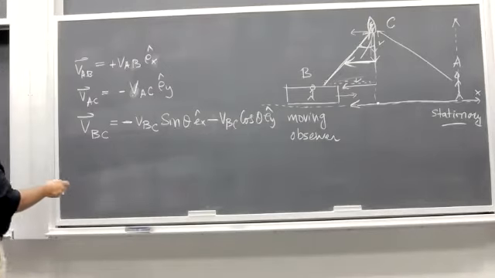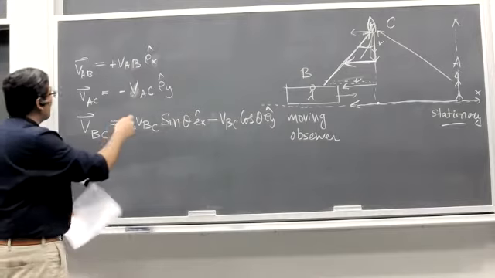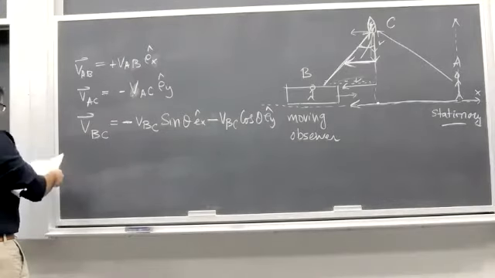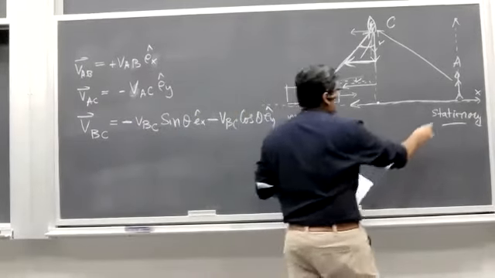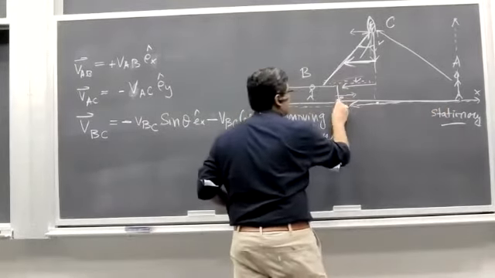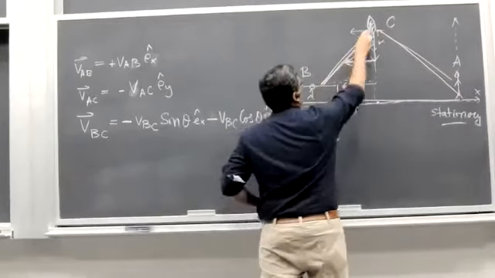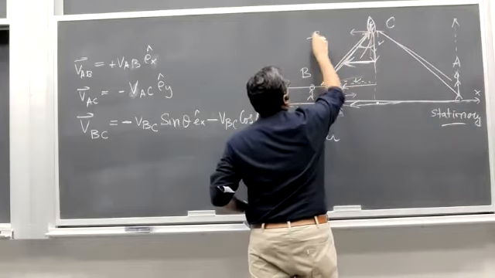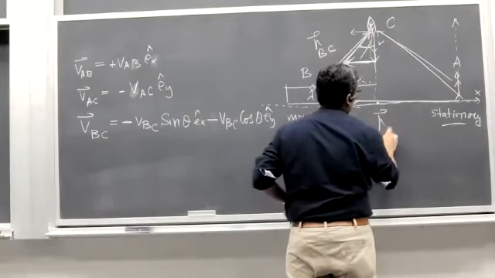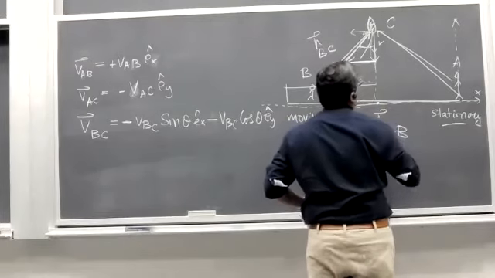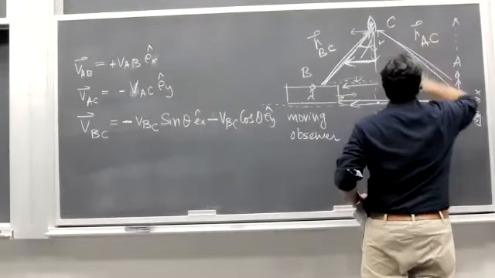So you have now these three velocities, and again I forgot to write the velocity vectors. So you could draw a vector from A to B, A to C, and B to C. So this would be RBC, this would be RAB, and this would be RAC.